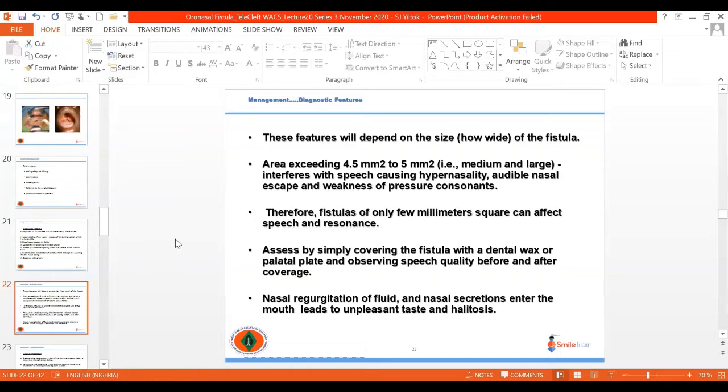So if you have fistulas of that magnitude, even if it is quite small, a few millimeters, they can affect speech. One can assess simply by covering the fistula with dental wax or any palatal plate and observing the speech of that individual. Once you do that and you find a difference, you know that no matter how small it is, it can affect speech. Then the other things, the nasal regurgitation I've mentioned, and the other secretions will be additional things that help in the diagnosis.